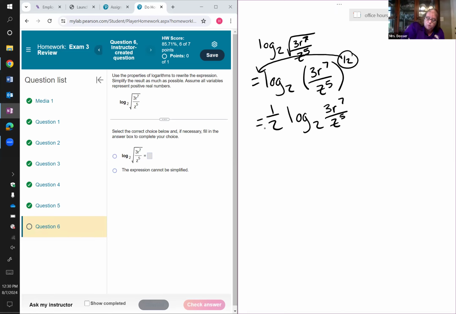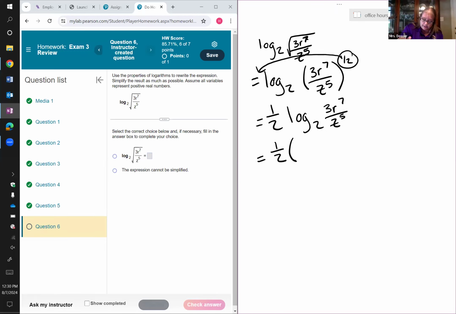And so when breaking up that quotient, we do need to remember that this is 1/2 times the entire log that comes after it. Even if we break it up into pieces, we still have to multiply the entire thing by 1/2. So we're going to need parentheses to indicate that everything that comes after it is multiplied by 1/2. So when we're breaking that up using the quotient rule, we're going to multiply all of the pieces by 1/2.